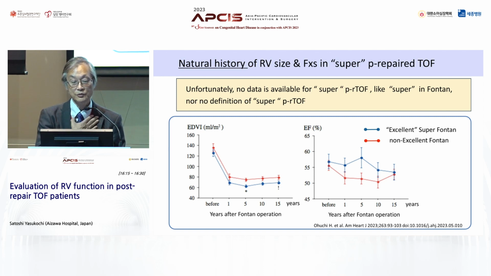Now, the natural history of RV size and function in repaired tetralogy of Fallot. Unfortunately, no data are available for the natural history in repaired tetralogy. Just this picture was shown, reported by Dr. Ochi, who used the blue dots for excellent Fontan and red dots for non-excellent Fontan, and measured hemodynamics two years after the Fontan operation in those two groups.